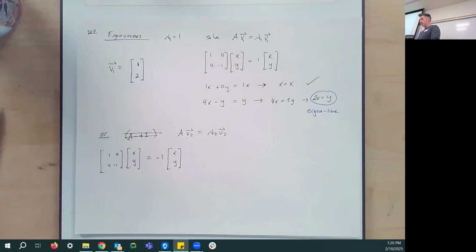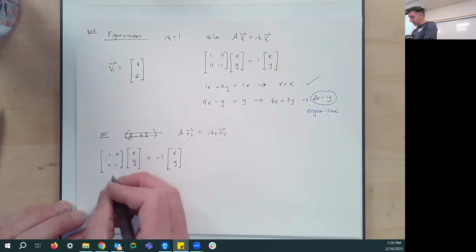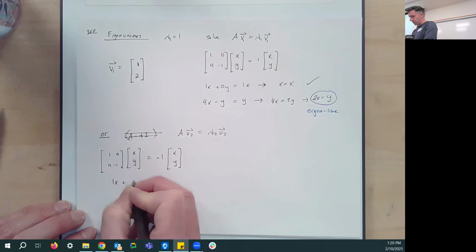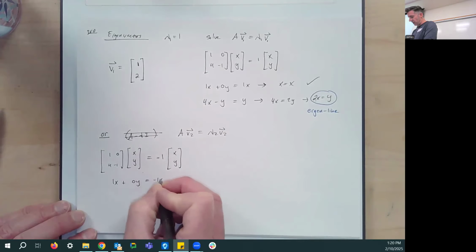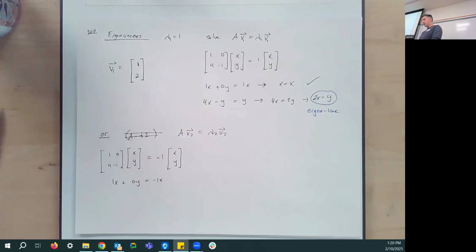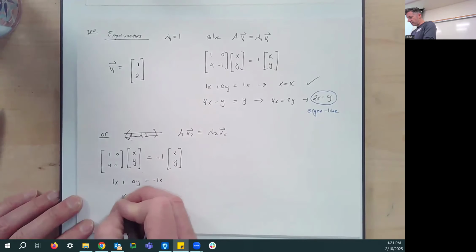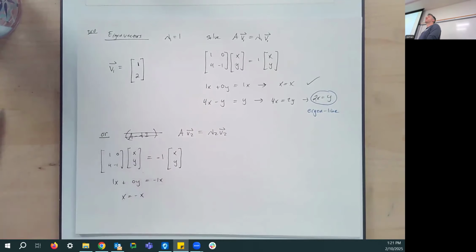So let's see what the first equation gives us. The first equation gives us 1 times x plus 0 times y equals negative 1 times x. Okay, 0 times y goes away, so we have x equal to negative x. There's only one solution to this equation. What does x have to be so that it's equal to its own negative? 0 is the only option.